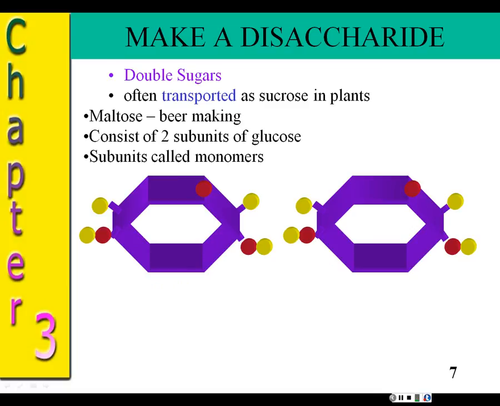For those of you who drink beer, maltose is a sugar that is used in beer making. It consists of 2 subunits of glucose. We want to always refer to our subunits as monomers. I don't care if you're talking about a monomer of an amino acid. Anytime you're talking about one little piece, it's a monomer.